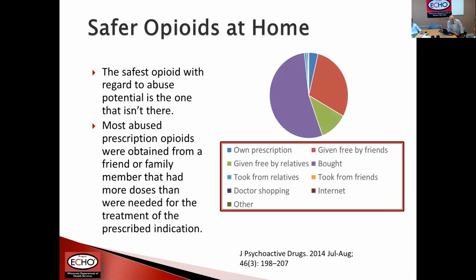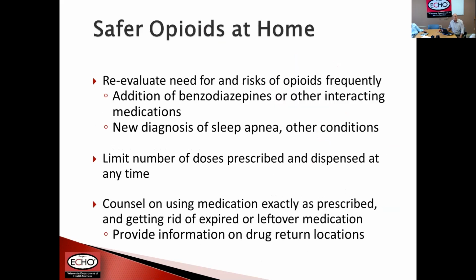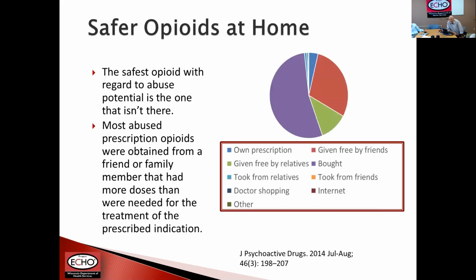This study looked at people who were not considered to be addicted and dependent, but had used prescription drugs recreationally. If you look at this pie graph, basically everything but the little slivers at the very top, you can argue were derived from excessive amounts of opioids that were available.